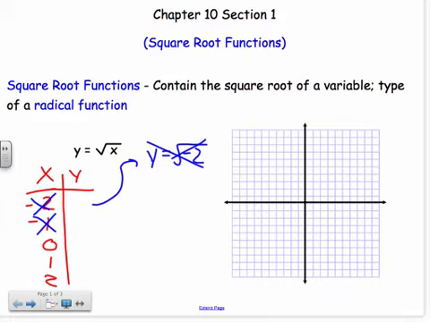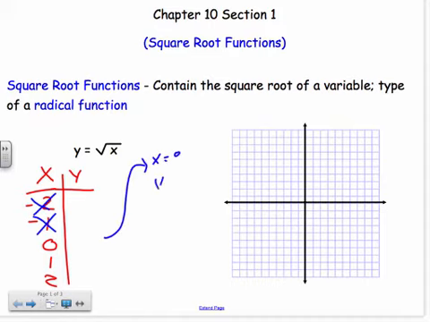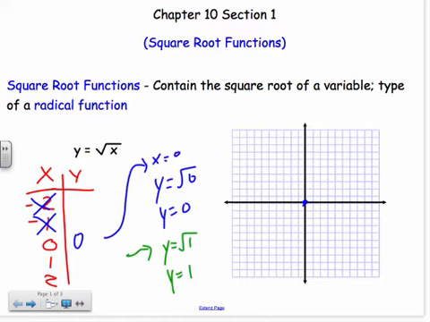Will 0 work? Let's test that one out. I plug in a 0 for x, and I get square root of 0 is 0. That one works out, so I can graph that one: 0, 0. Now let's plug in a 1 for x. The square root of 1 is 1.